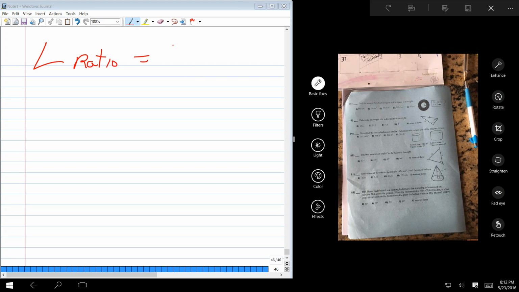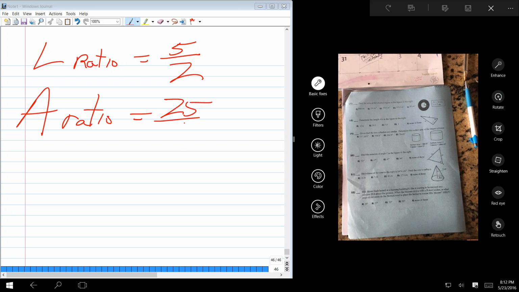Now let's say I have a linear ratio of 5 to 2, meaning one side of the bigger square is 5, the side of the smaller square is 2. So my linear ratio, a linear measurement in inches or feet, is 5 to 2. What's my area ratio? Then the area ratio would be 25 to 4. And what is the volume ratio?